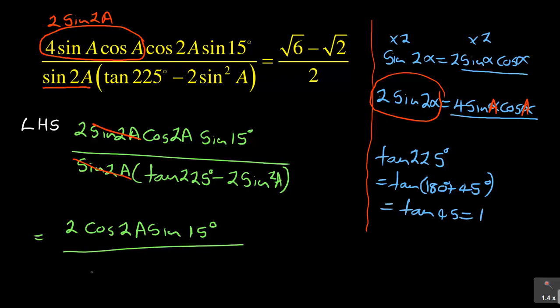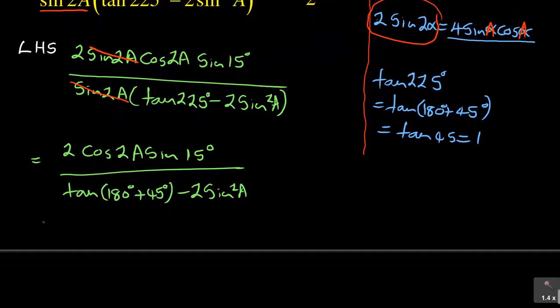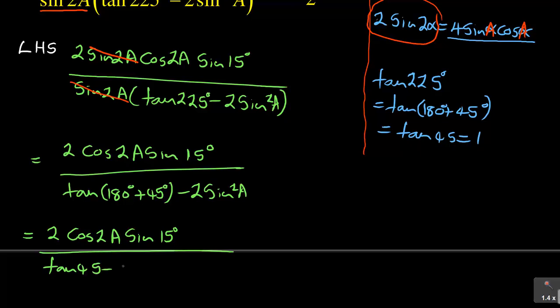So how do you write it now? You're going to write it as tan with the reduction rule, 180 degrees plus 45. Remember, you need to show all your working, minus 2 sin squared a. Then if you continue with the working, you are going to have 2 cos 2a sin 15 degrees all over, now that becomes tan 45 minus 2 sin squared a.